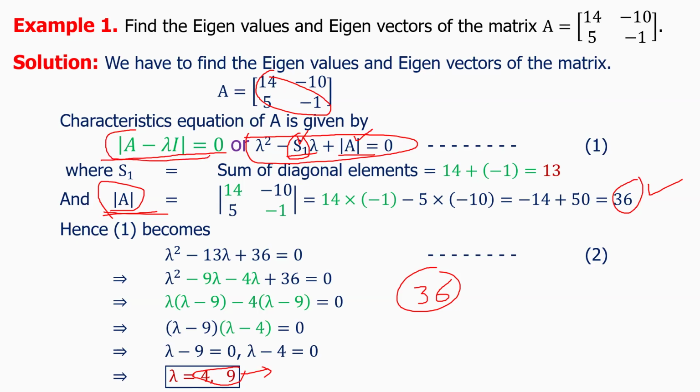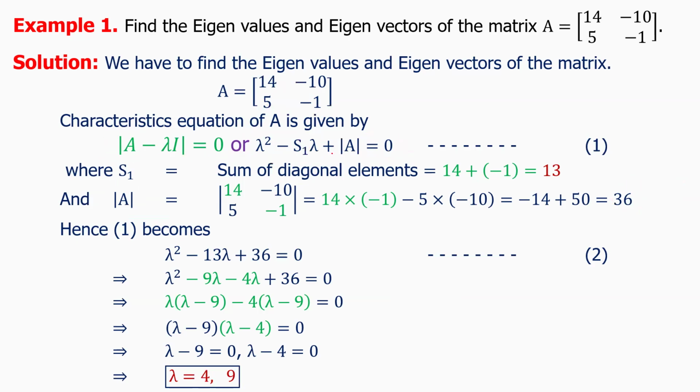So that's why we always use the second method, which is called the shortcut method, to find the eigenvalues of the given matrix.